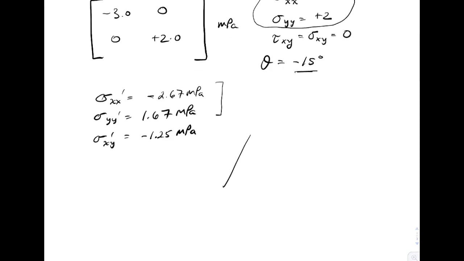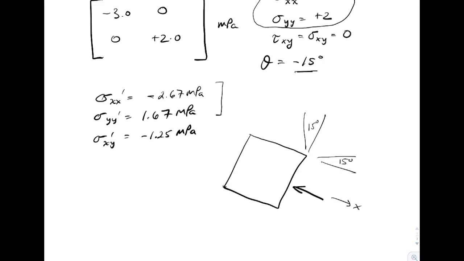And so this is what we've now done. We will now draw a rotated stress state, and this is at 15 degrees. Maybe we could label it right there as 15 degrees. Remember, this is now the x prime axis. So I'm going to put a big compression, and that's going to be 2.67 megapascals. In the y prime direction, we've got tension of 1.67.